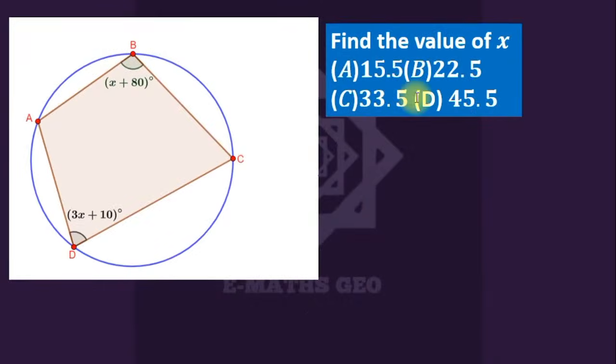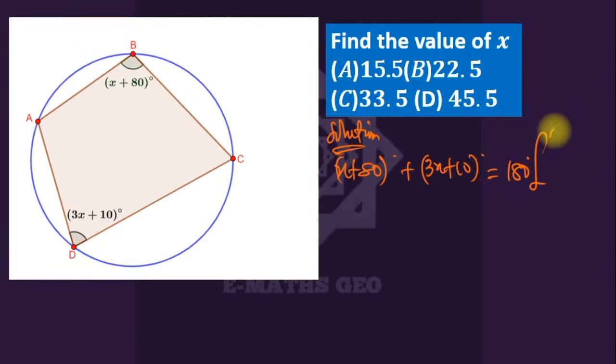For the second question, we are asked to find the value of x. As you can see, I'm seeing an inscribed angle and a cyclic quadrilateral. So we have two angles, this and that, that are opposite. So we see that x plus 80 degrees plus 3x plus 10 degrees must sum to 180.